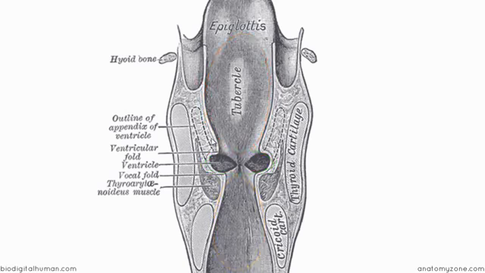Where the mucosa bulges out between the vocal and vestibular folds, you've got this space, this sort of trough. This space between these folds is called the laryngeal ventricle, and you can see this dotted line extending backwards and upwards.